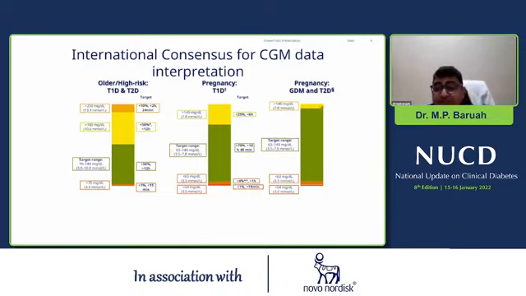For pregnancy with GDM and type 2 diabetes mellitus, again, you expect your patient to maintain at least 90% of time within this narrow range of 63 to 140, because you want to be very strict in controlling hyperglycemia in these patients. The allowance for more than 140 milligram and less than 63 milligram, that is the hypoglycemia range, and this hyperglycemic range is very low.